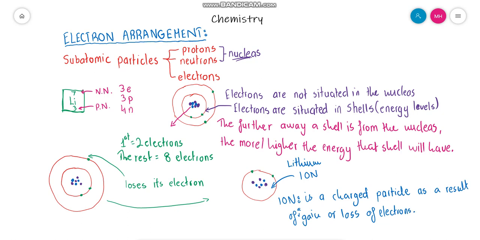So this is everything about electron arrangement. In the next video I'm going to be talking about how atoms change into ions and then bond with each other.